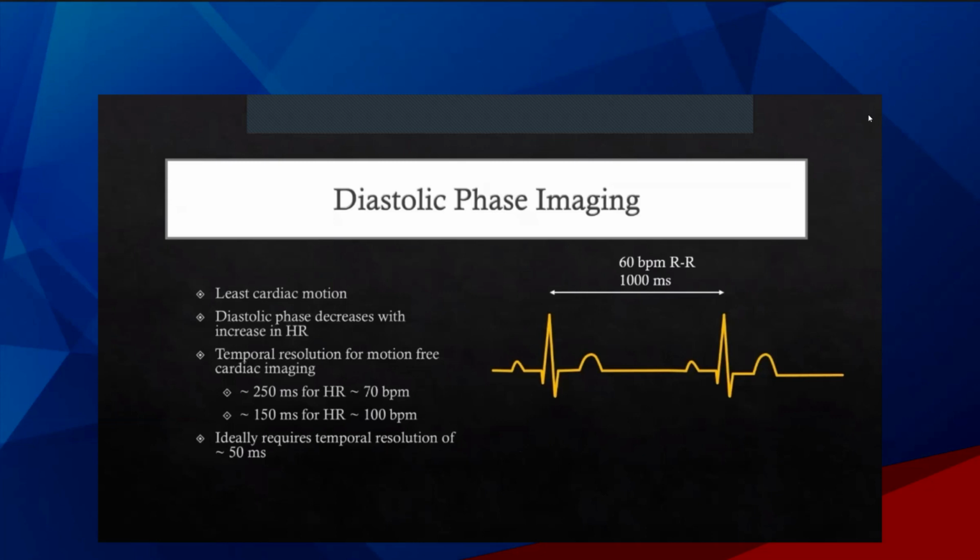A typical CT scanner with a 300 millisecond gantry rotation will have an approximately 150 millisecond temporal resolution, and we should be able to successfully image the heart during diastole. If you happen to have a dual source CT scanner, your temporal resolution is significantly better, 65 to 75 milliseconds, and you can image even faster heart rates.